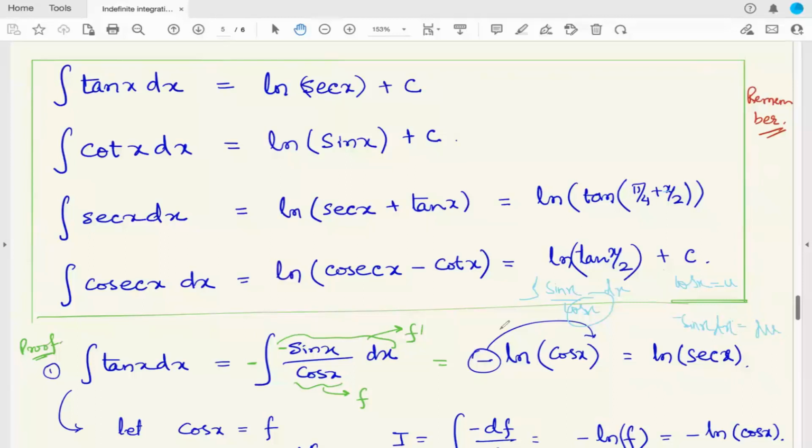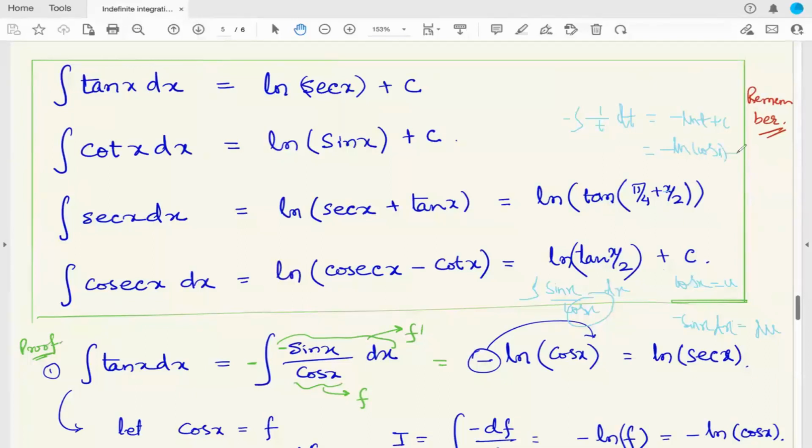So our integration of tan x changes to 1 by t dt, and the minus we can take out by the second property of integration. So minus 1 by t dt. And we know the integration of 1 by t is ln t. So minus ln t plus constant. So here we get minus ln, and what we substituted here is cos x. So minus ln cos x plus some constant.